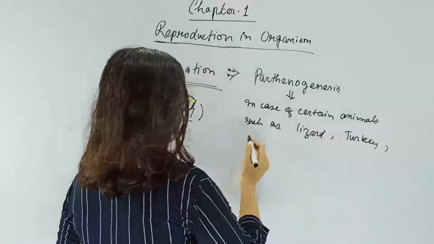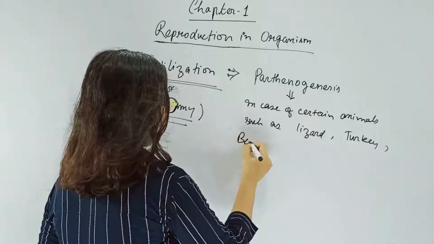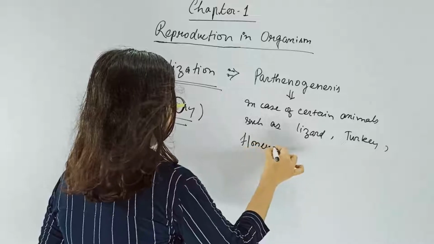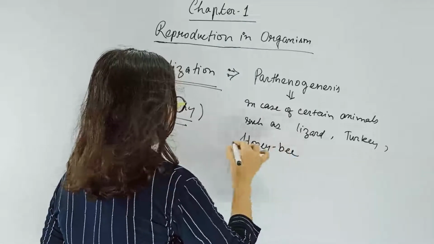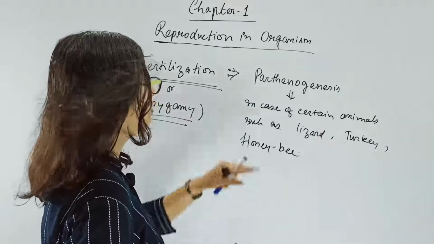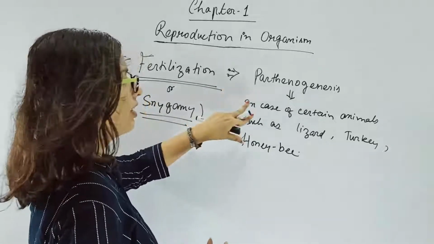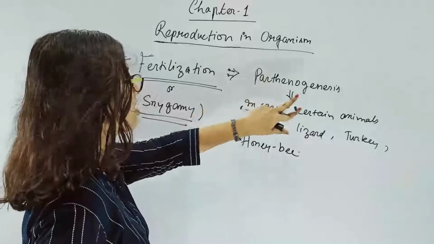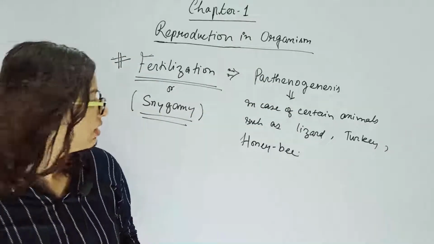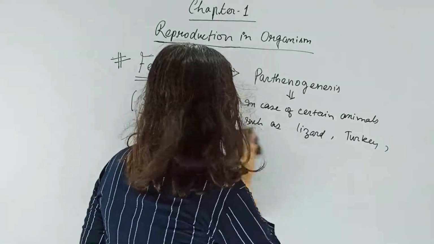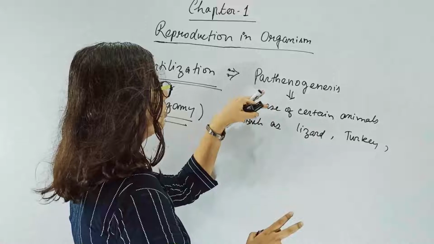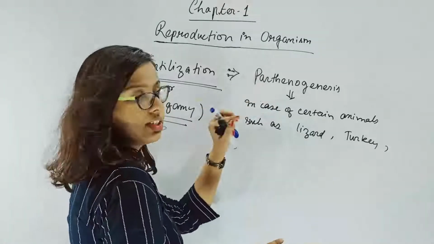Lizard, bird, and then the most common example is honeybee. So parthenogenesis is a process. Okay, fine. We can discuss this parthenogenesis in a little bit of detail. So these were the examples of the organisms which undergo parthenogenesis.